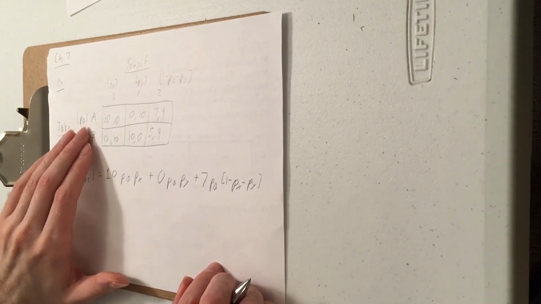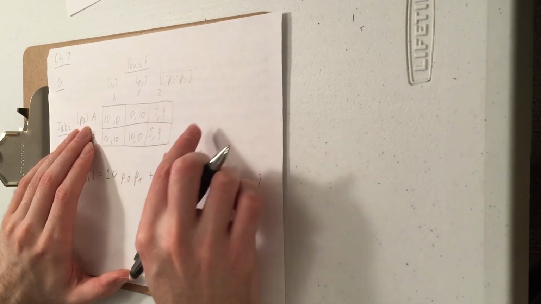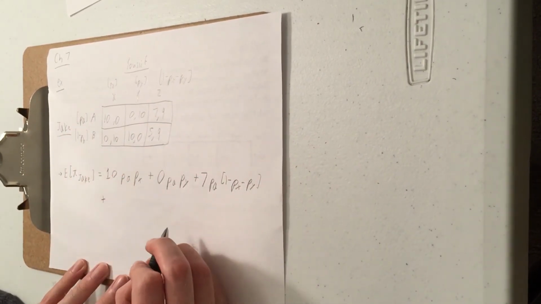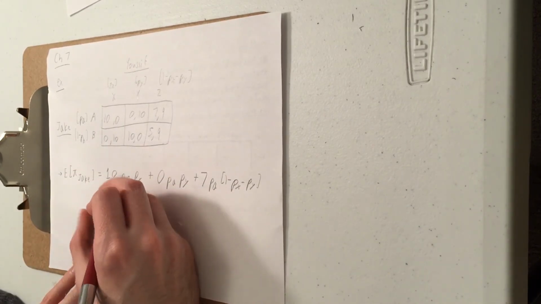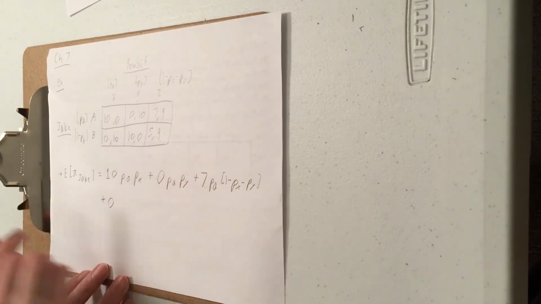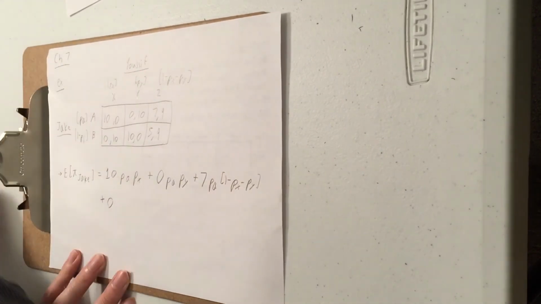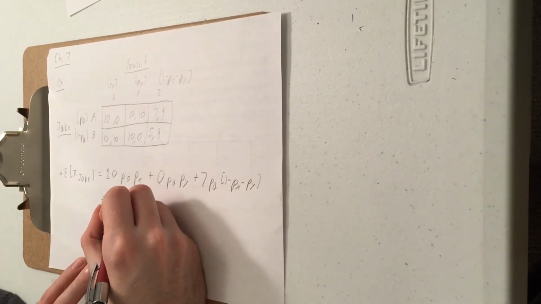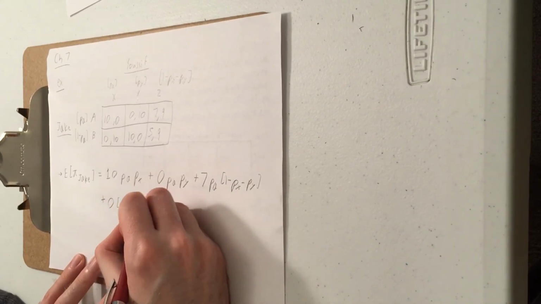So probability that Jake plays A is PA. Probability that Yusuf plays Z is 1 minus PX minus PY. We could be down here. Jake gets 0 in that case. Oh, there should be 1 minus PA, not PB. 0 times 1 minus PA times PX.